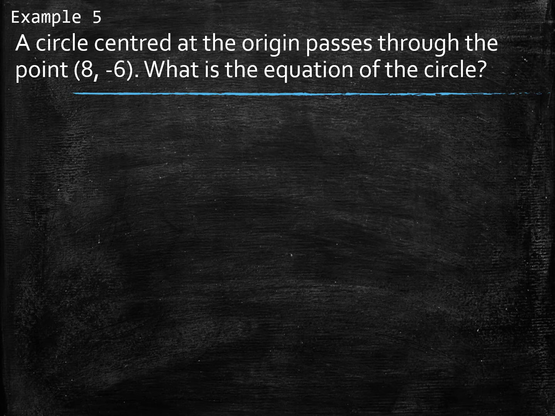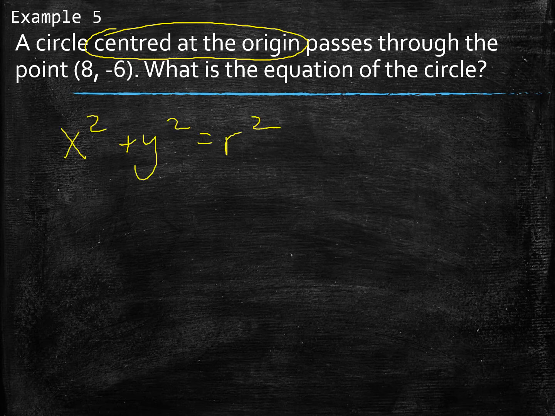Example 5. Again, a little bit of problem solving here. A circle centered at the origin passes through the point (8, -6). What is the equation? First thing, centered at the origin, when you see that, you know you're going to start with x squared plus y squared equals r squared. For the sake of this course, you shouldn't see anything that's not at the origin.